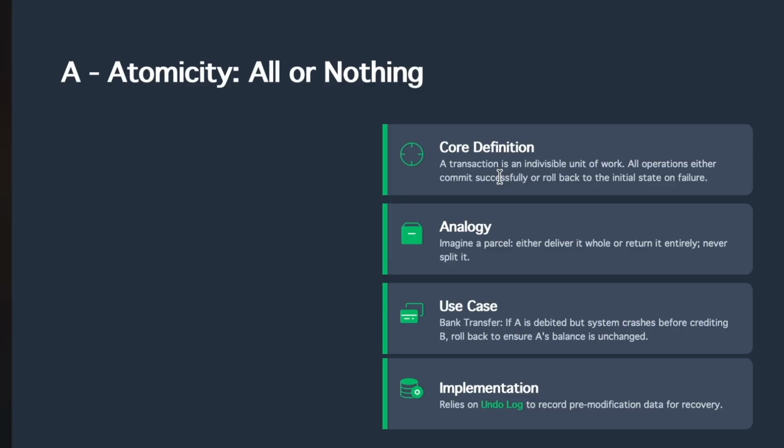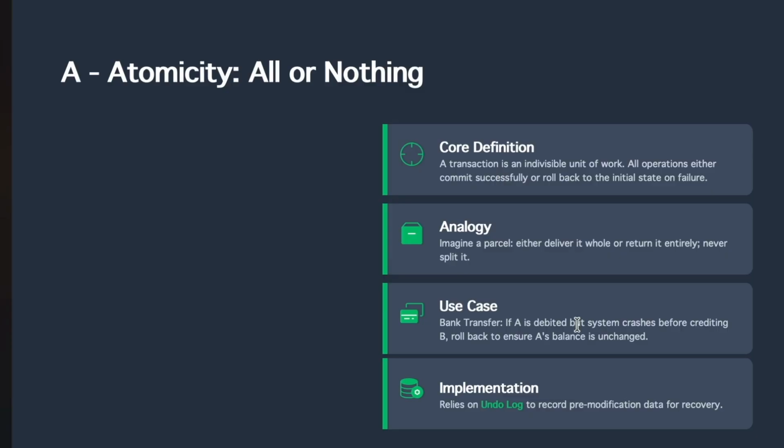The high-score interview standard answer is atomicity ensures all operations within a transaction are indivisible. If any step fails or the system crashes, all modifications will be fully rolled back to avoid half-executed transactions.